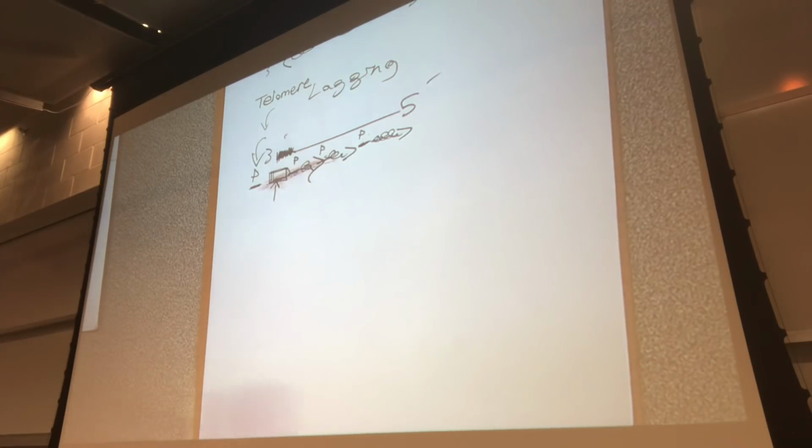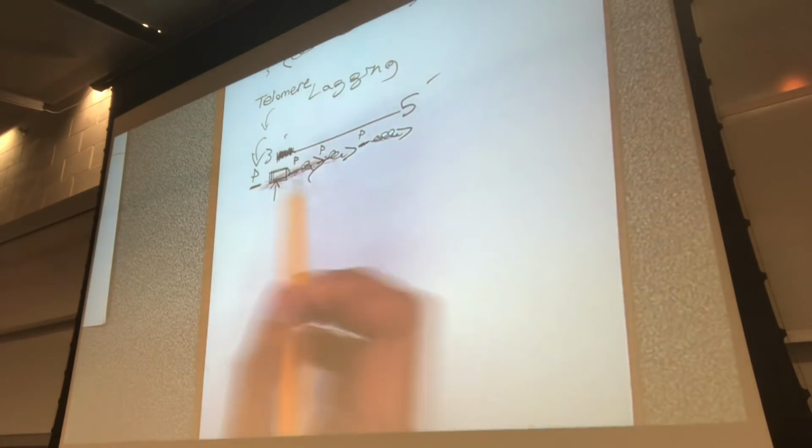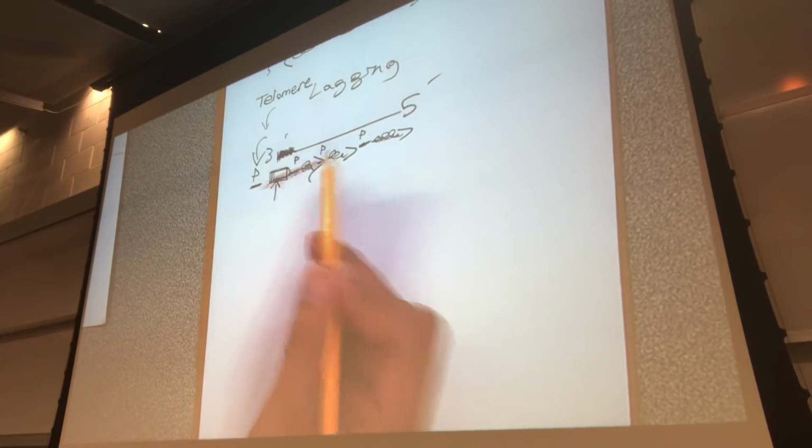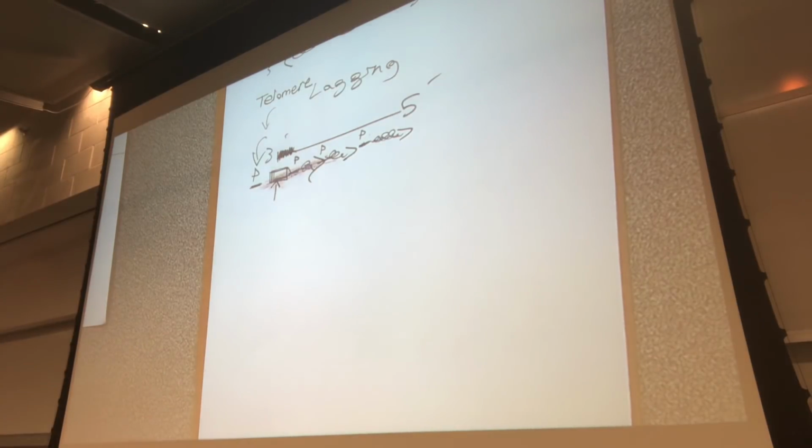It turns out that after, I believe, 30 to 50 replications, your DNA would have shortened so much that it would have lost the ability to replicate anymore. Or if it does replicate, a lot of mutations are going to happen. A lot of cancerous mutations are going to happen. Bottom line is, most cells will degrade. Their telomeres will degrade every time they replicate. And it'll probably be about 30 to 50 replications before it's so short that something wrong happens.